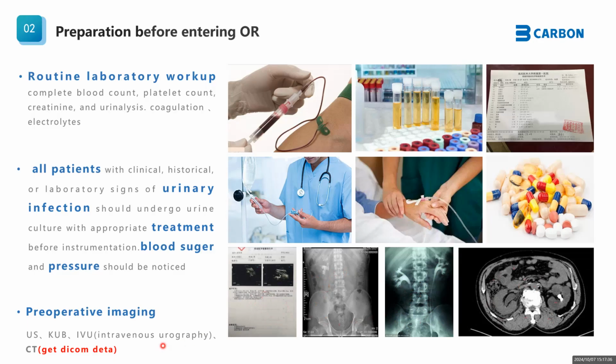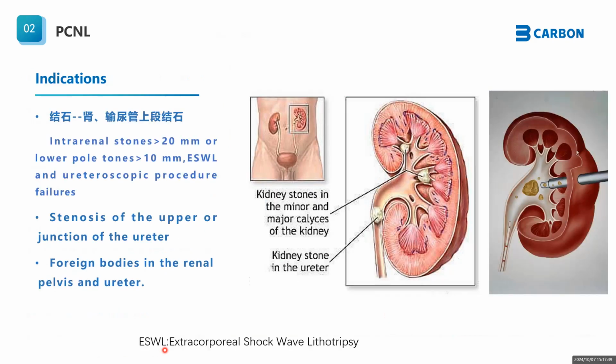Okay, so for the fusion mode, we have to get the DICOM data before the surgery. It's very important. Okay, and then the indications for the PCNL operation. There are some situations where we have to take this PCNL operation.